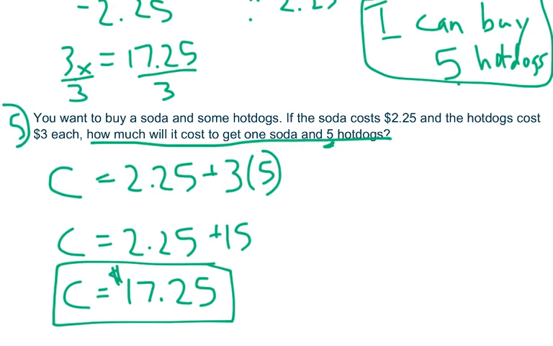So, setting up the equation looks a little bit different, but it's still an equation. Got the equal sign. I got my variable, and I'm just plugging in that information, and then I'm working on finding the answer. Do a dot check. It works. And then also just make sure I'm answering the question, which I am. How much will it cost overall?